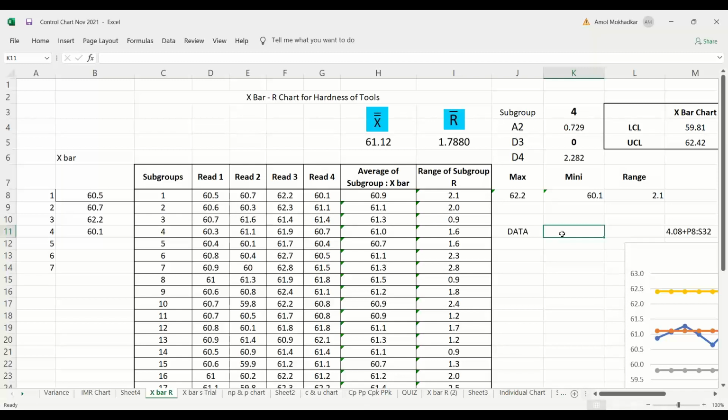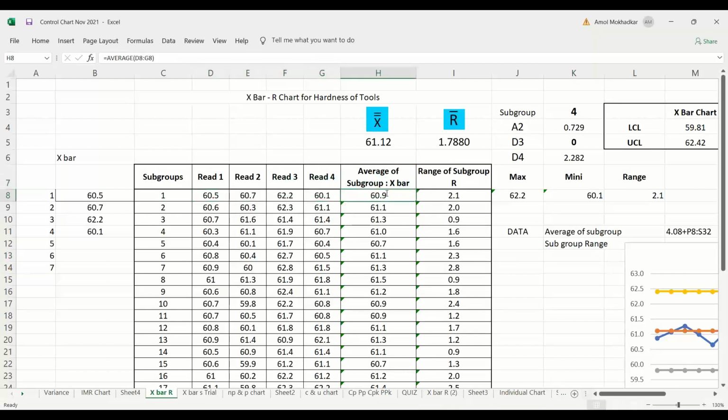No, the average. Yes, you are going to plot the average of the subgroup, within subgroup average, and you require the range data, that is the subgroup range. So the average of these 4 readings is called X bar.